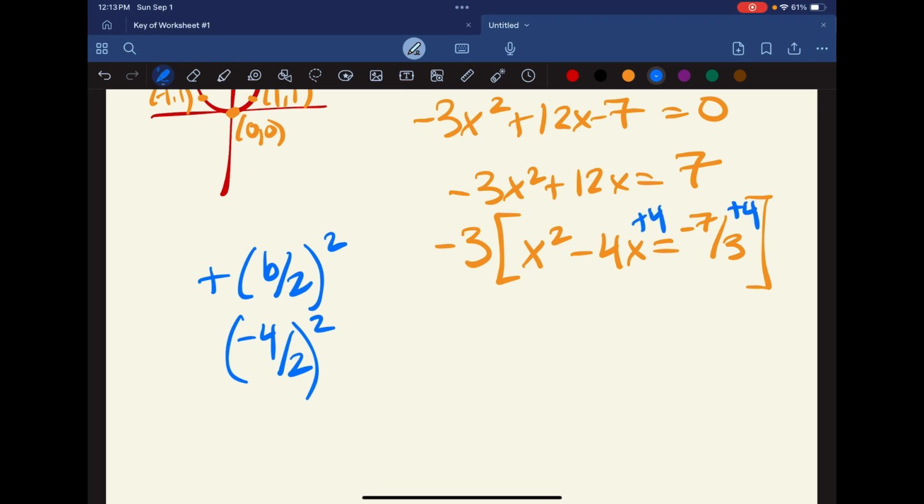So we have to add 4 to both sides. And negative 7 thirds plus 4 is, I believe, positive 5 thirds. So we get a positive 5 thirds over here. And then this is still negative 3 times this whole entire thing.